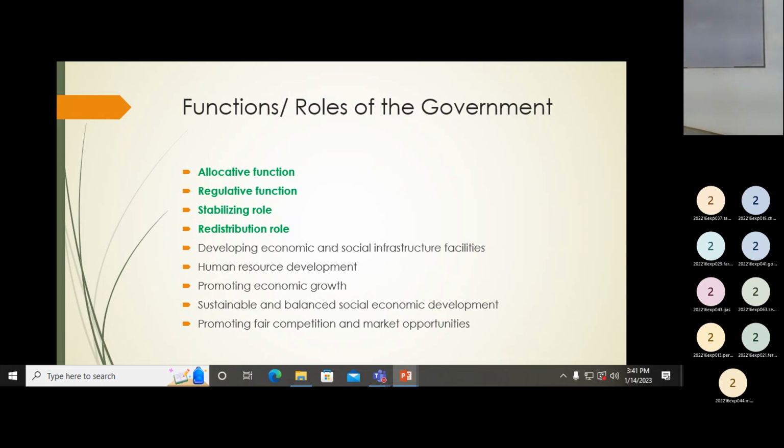Political stability, economic stability, social stability, they are responsible to make sure a country is stable. The environment in the country is stable. So when it comes to environment, it can be political, economical, social, legal, technological, ecological, right?